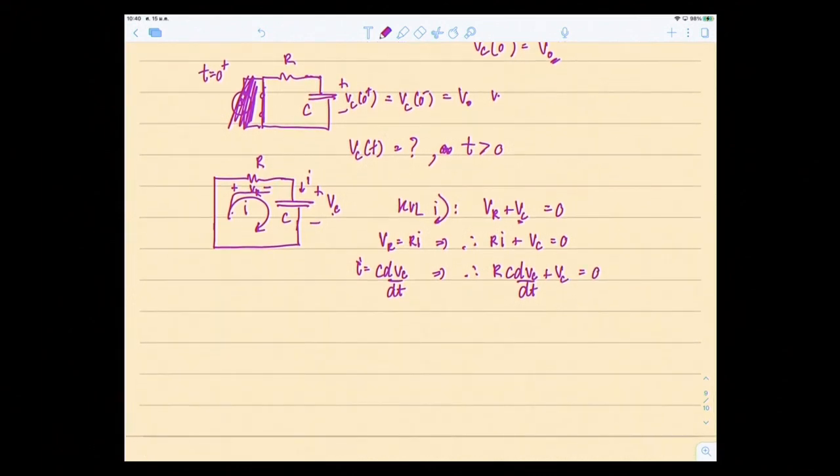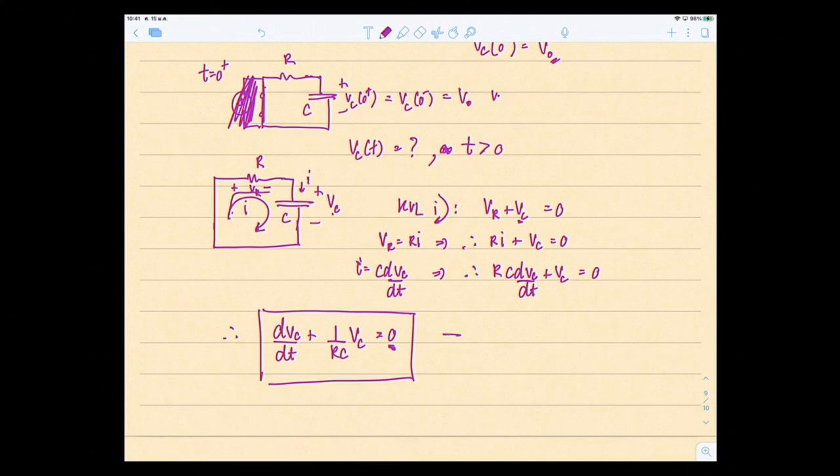Wonderful, isn't it? Everything is now in terms of VC. So I'm going to solve this. It becomes dVC/dt plus 1 over RC times VC equals 0. This is a first order differential equation equal to 0, I think called a homogeneous equation.